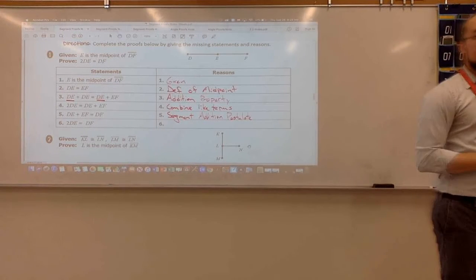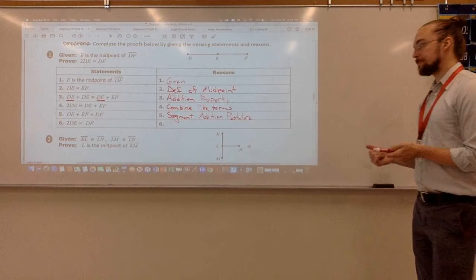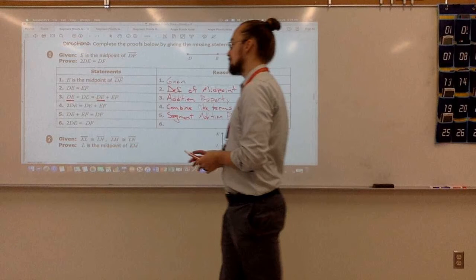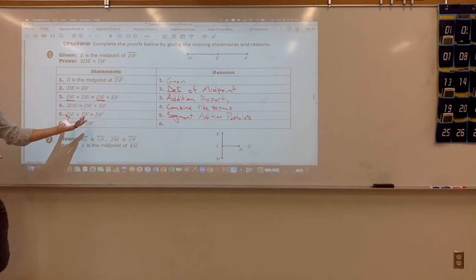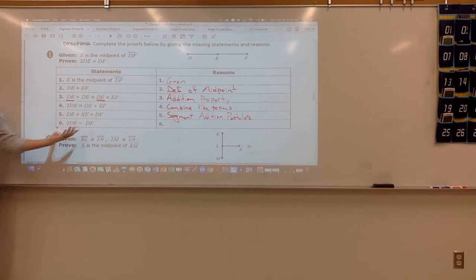So now, to get to this final line, they claim that 2DE is equal to DF, which is what we want to prove. But using what we've already said, how do we get to this line?